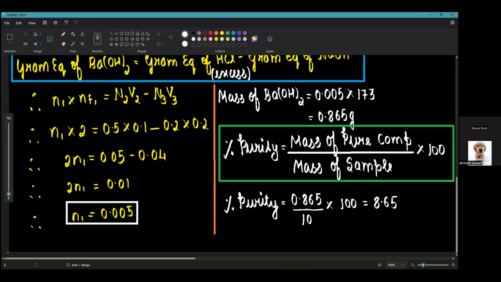So 8.65 is the purity of barium hydroxide. Got it? This is the final answer.